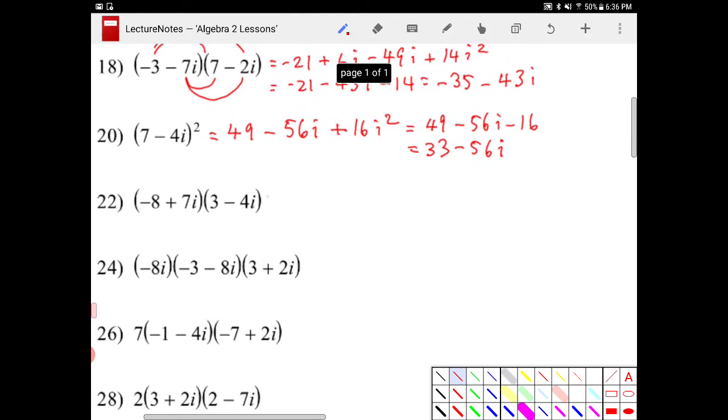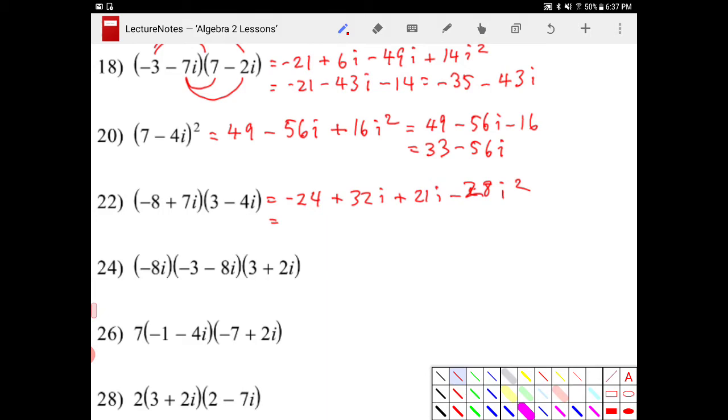Next one here, I really can't multiply this with structure, so I'm forced to just FOIL this. So this is negative 24, and then plus 32, and then plus 21i, and lastly minus 48, minus 28i squared.